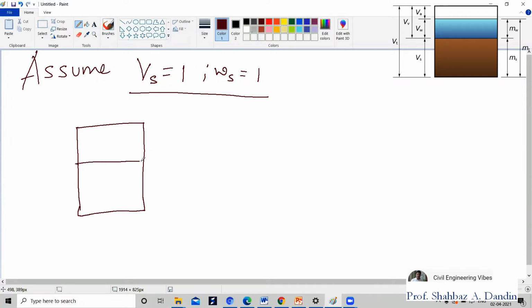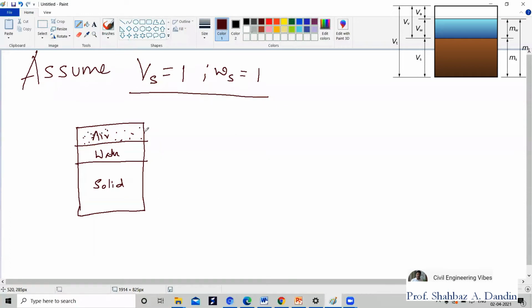Now, this is my diagram. Help me out to draw it. Come on, give me the namings for this. Solid, nice. Water or liquid, water. Air. Okay.